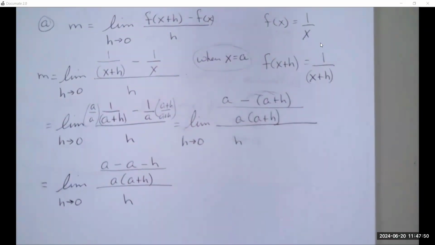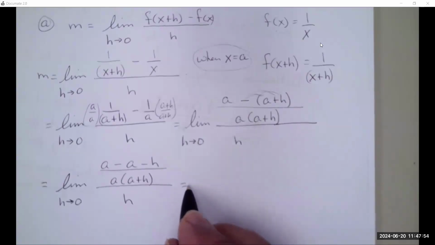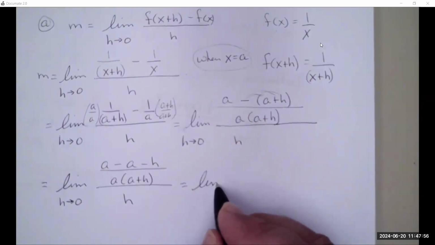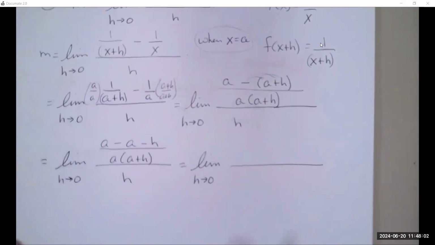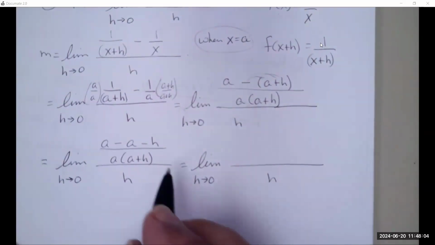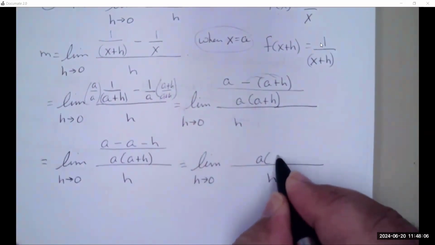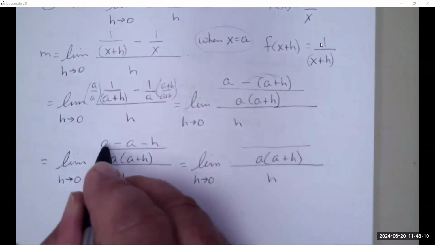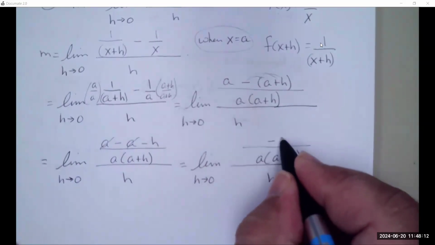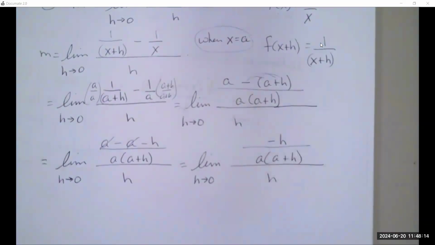Distribute that negative. The a's cancel, so we have a negative h on top.